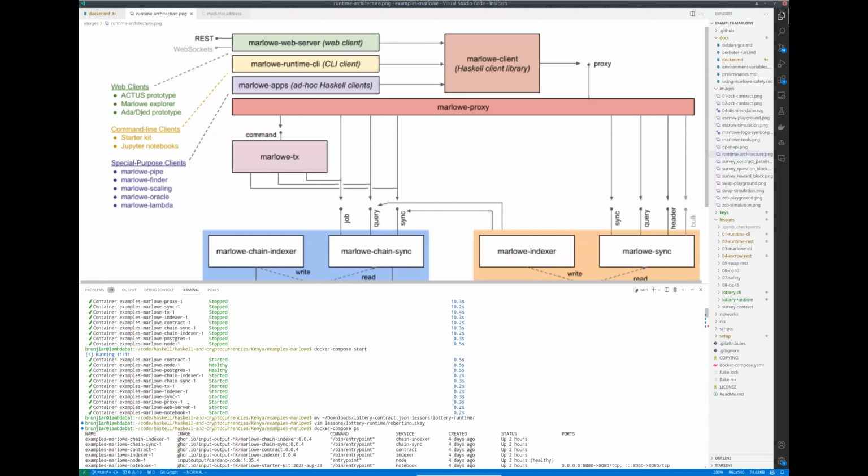So instead of Marlowe runtime CLI and so on, you use curl or whatever you prefer. The point is you can do these things from a web application, basically serverless. You need the Marlowe server, but then your website can directly interact with Marlowe contracts. So you don't necessarily need the command line tool; you can do it in a web setting as well.